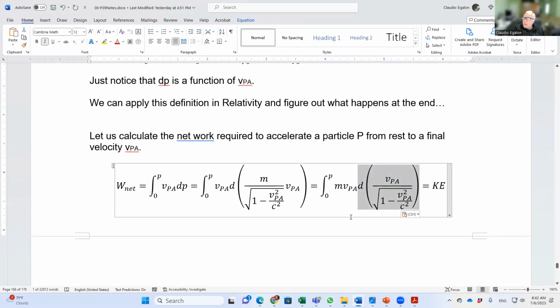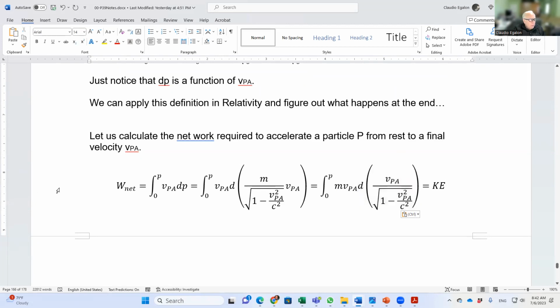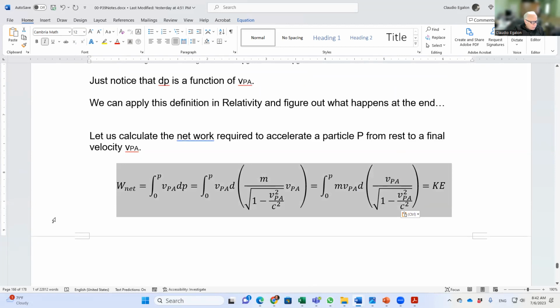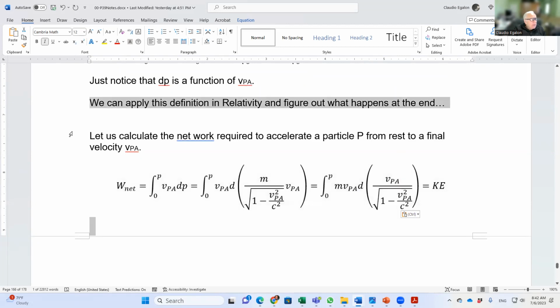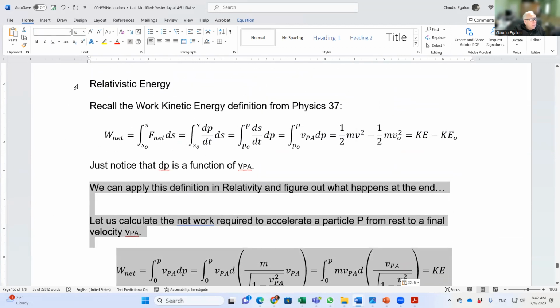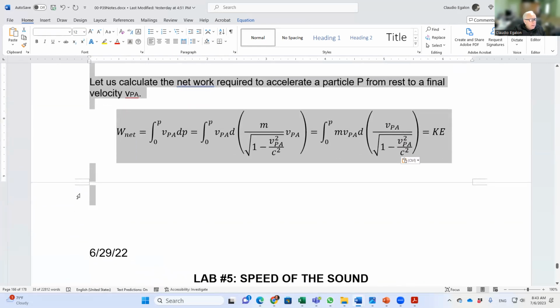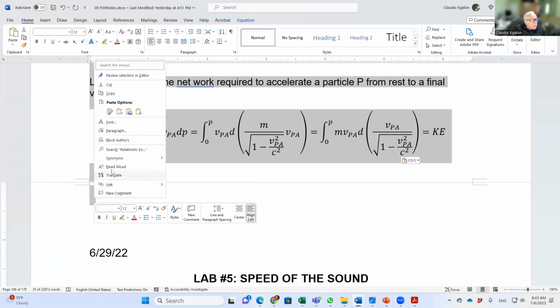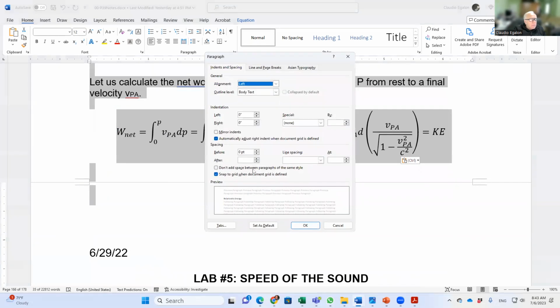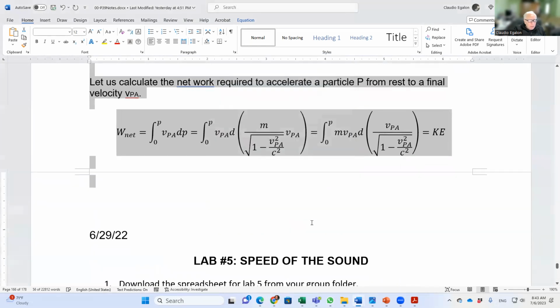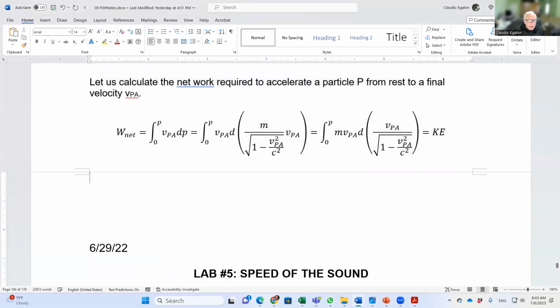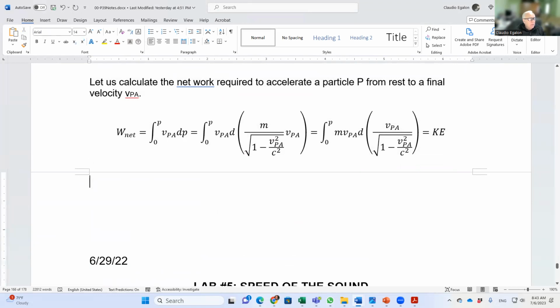We have to break down this differential into its components. Recall what I told you before: many of the equations in relativity don't require integration, but this one does. This derivation I'm doing here does require integration. What is important, the important point to pass on, is that you do not need high-level calculus to understand some of the theory of relativity.